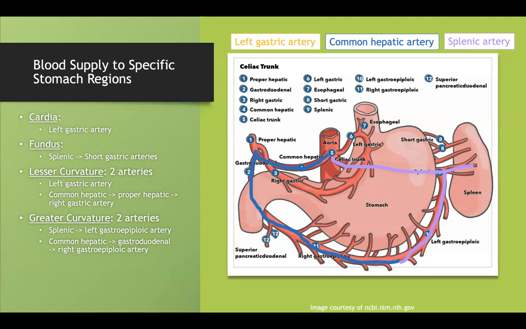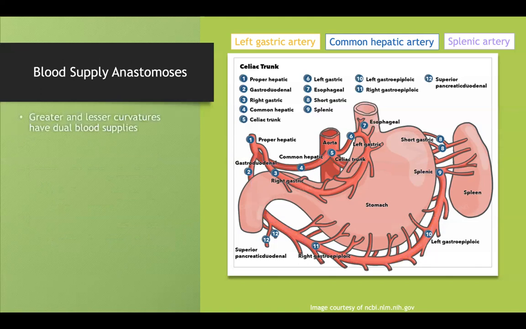Well, this is clinically relevant because the lesser and greater curvatures, at least most of them, are able to receive collateral circulation. So if one side goes bad, there's a reduced risk of ischemia because another blood vessel can just help out and provide some collateral flow so the tissue doesn't die.